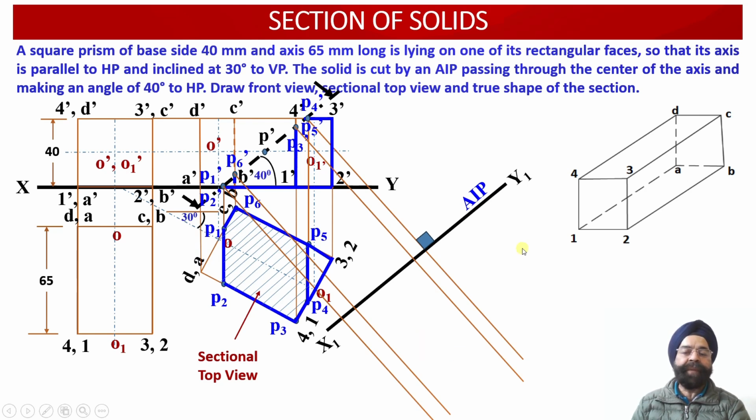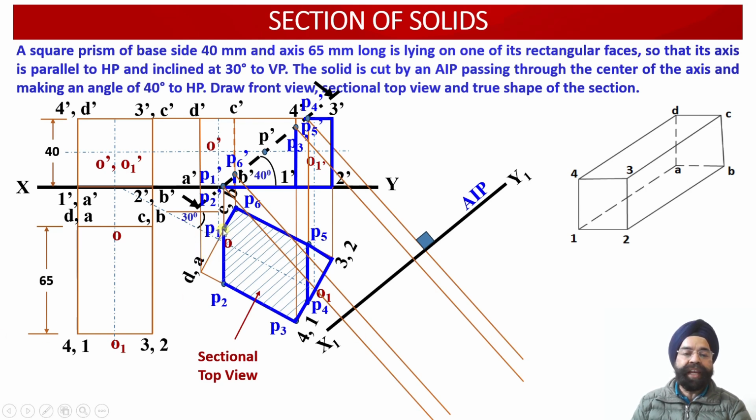Why will the true shape be available in the plan projection view obtained on this AIP? Because this AIP X1Y1 happens to be parallel to this cut section. So let us proceed to evaluate all the 6 points of intersection onto this auxiliary inclined plane X1Y1.